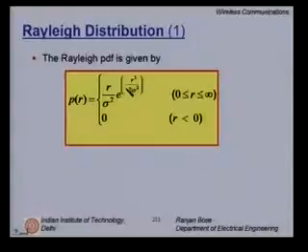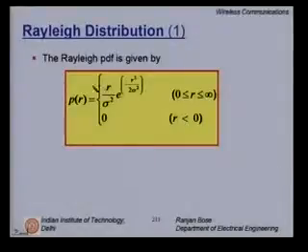There is a minus sign here. This is valid for r between 0 and infinity, and it is 0 for negative values of r. Please remember, this is the amplitude, the envelope, so there is no question of this becoming negative.